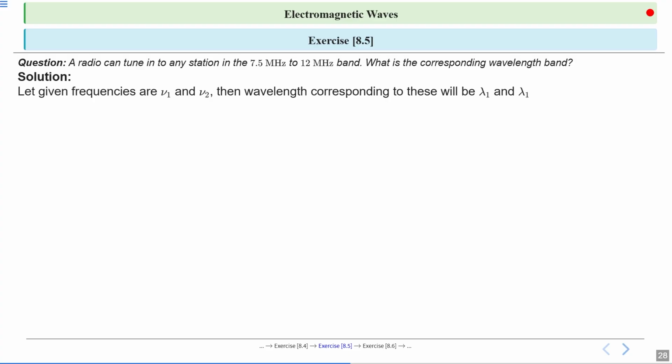So let the given frequencies be nu1 and nu2. Nu1 is 7.5 megahertz, nu2 is 12 megahertz. Then the wavelengths corresponding to these frequencies we can consider lambda 1 and lambda 2.